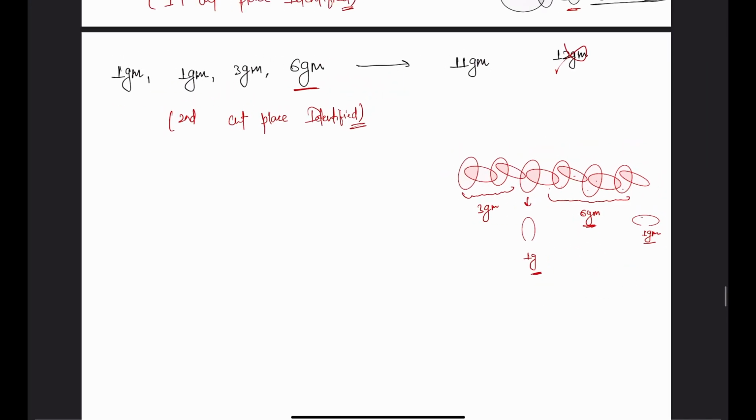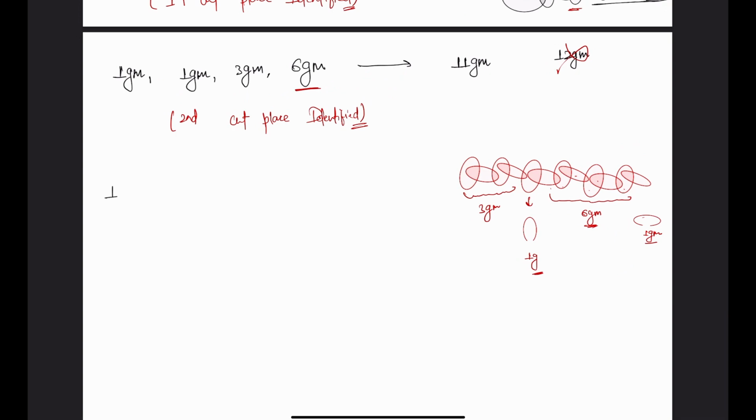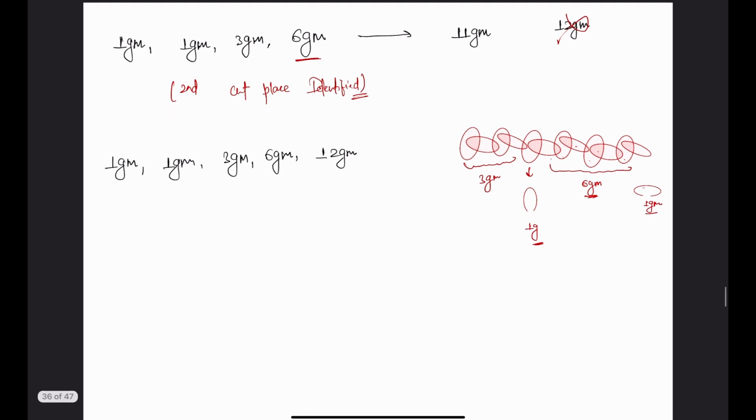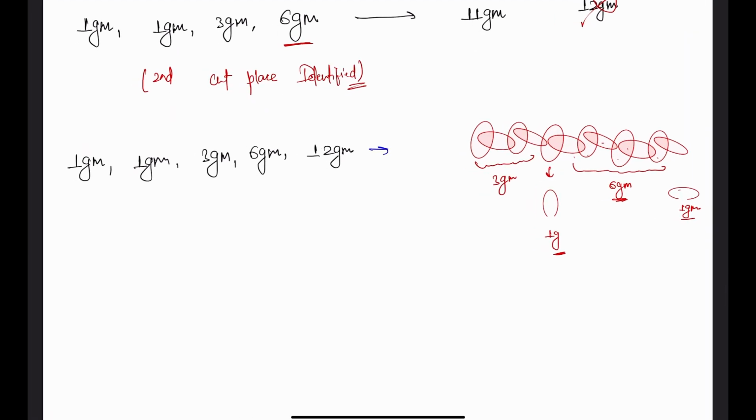Right now the chain is in the shape of 3 gram, 6 gram, and then 12 gram. Add up, it will come to 23 gram.